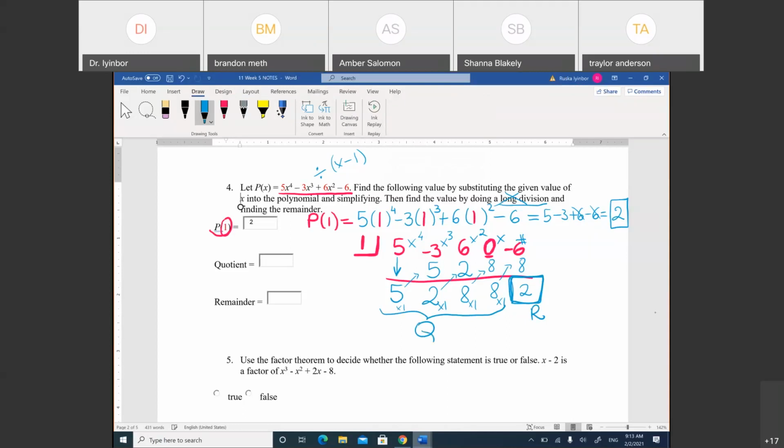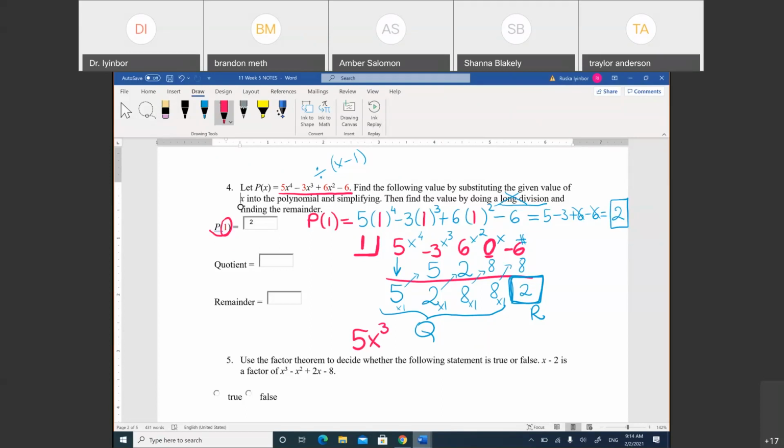Okay? So what is the quotient? I'm going to get the quotient from the numbers at the end. So my quotient is going to be 5, X, what is the exponent for X in the 5? 3, that's right, so it's going to be X cubed.